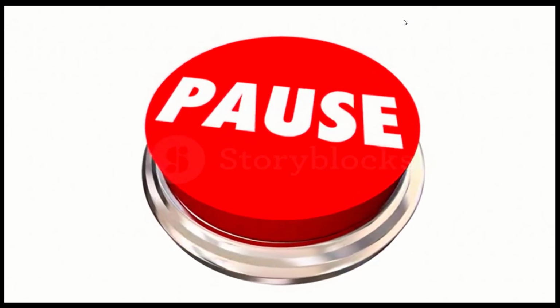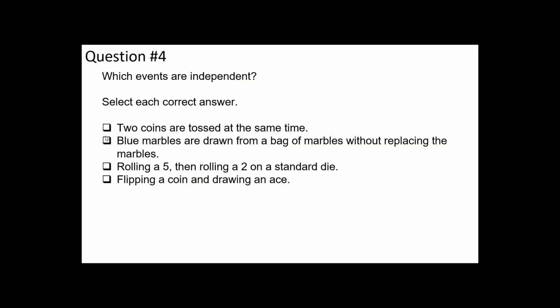Question number 4: 2 coins tossed at the same time is an independent event. We're not taking anything away. Selecting blue marbles from a bag of marbles without replacing is your clue. That's not an independent event.